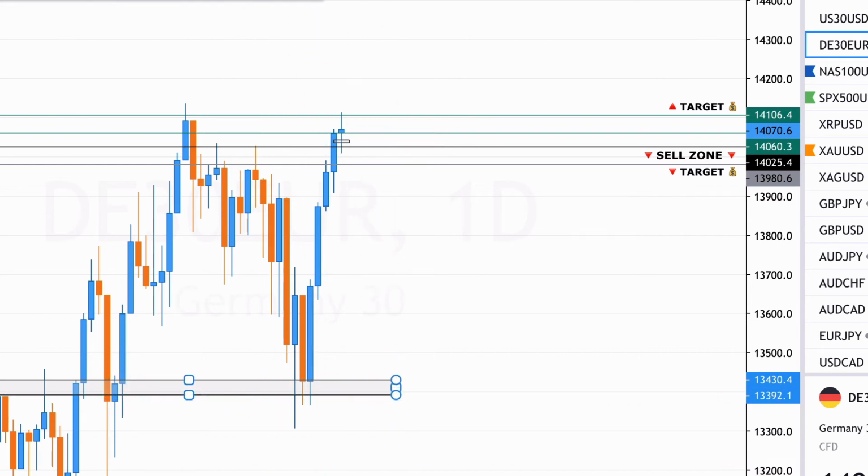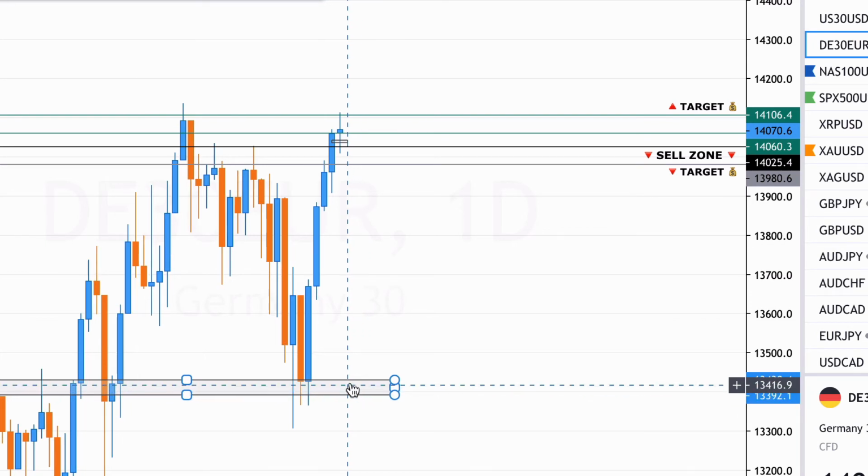This is support. How do we know? This was a high. It made a higher high. It came back to the same area. Made a higher high again. It came back to the same area. So this is a valid area of support. Not a price, an area.